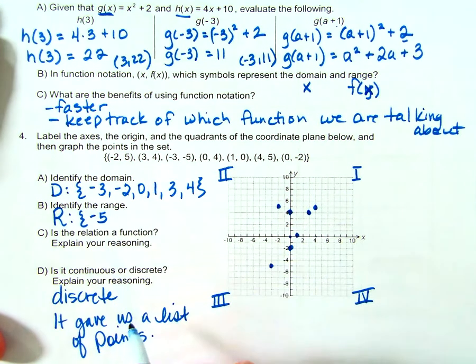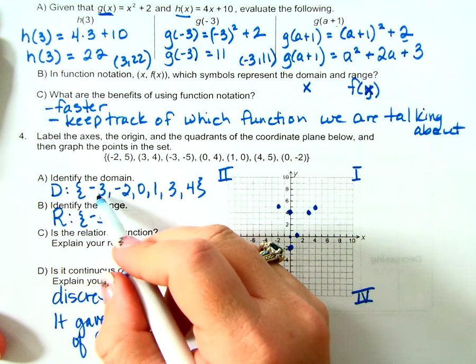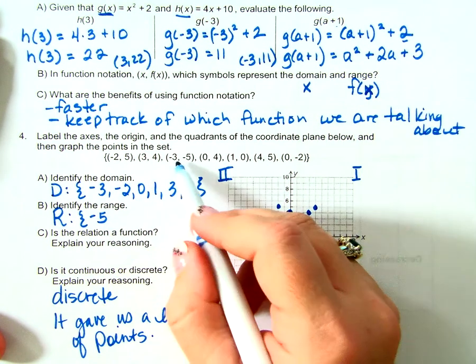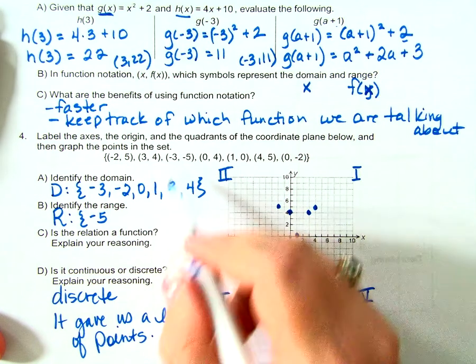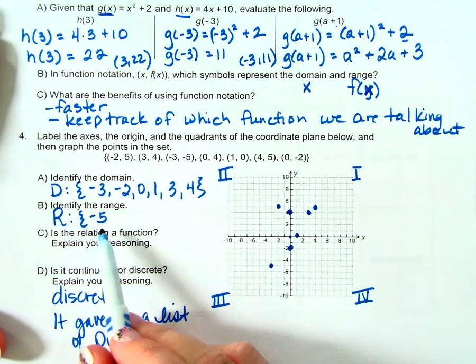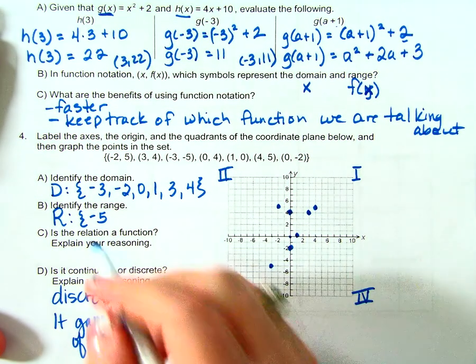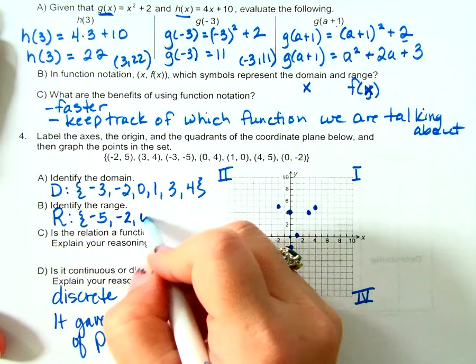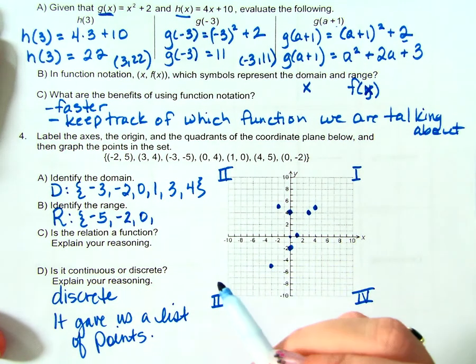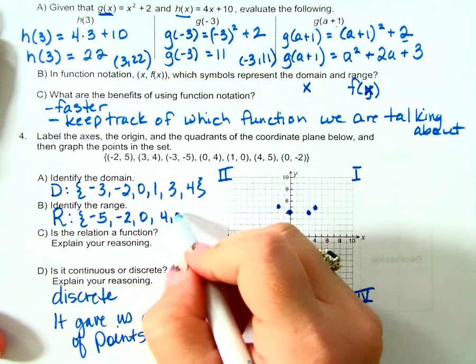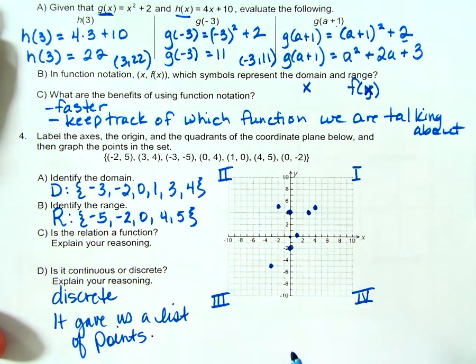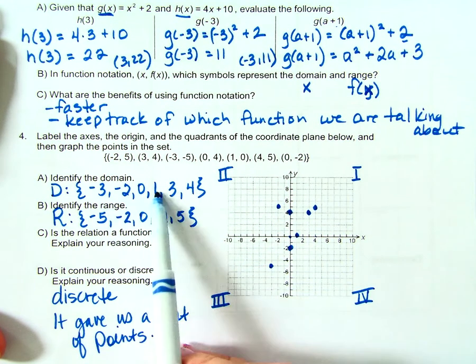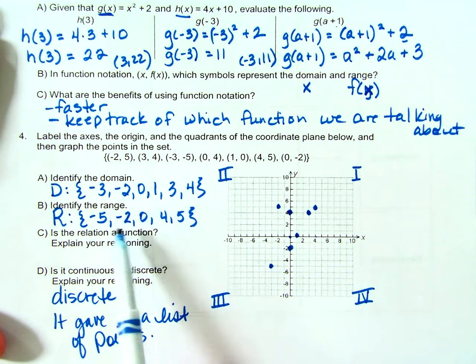In this particular case, -5 is first, right? Is it first because -3 is first and that's the point that goes with -5? No, it's just least to greatest. It just happens to be that way. Okay, then what? -2, 0, 4 and 5?